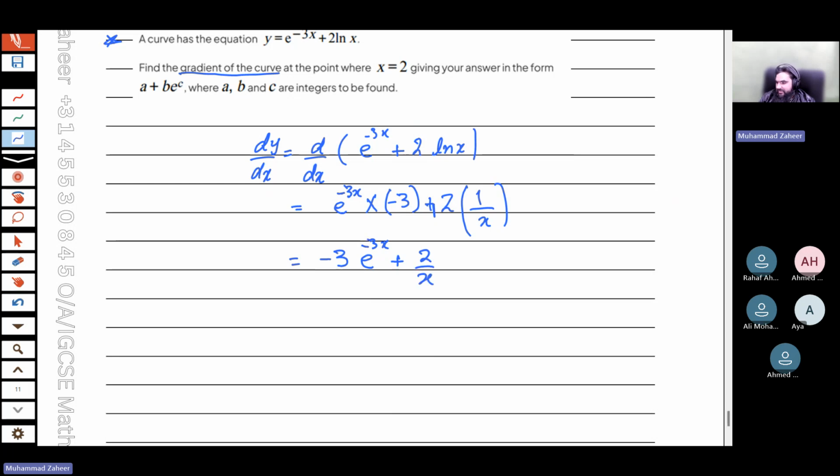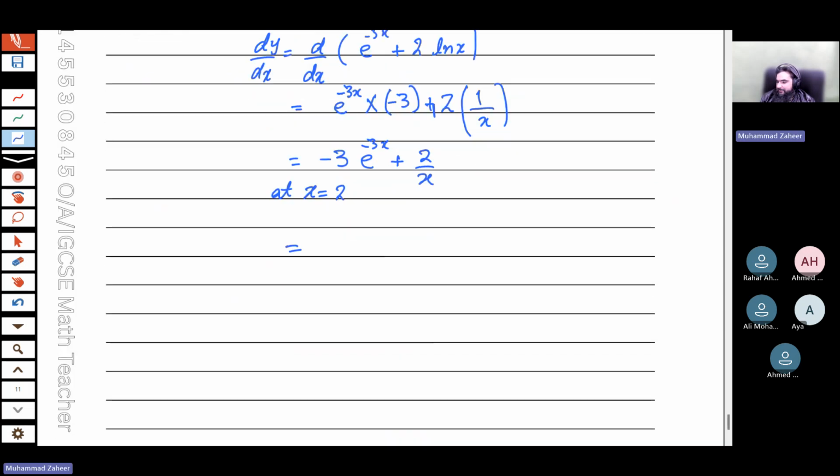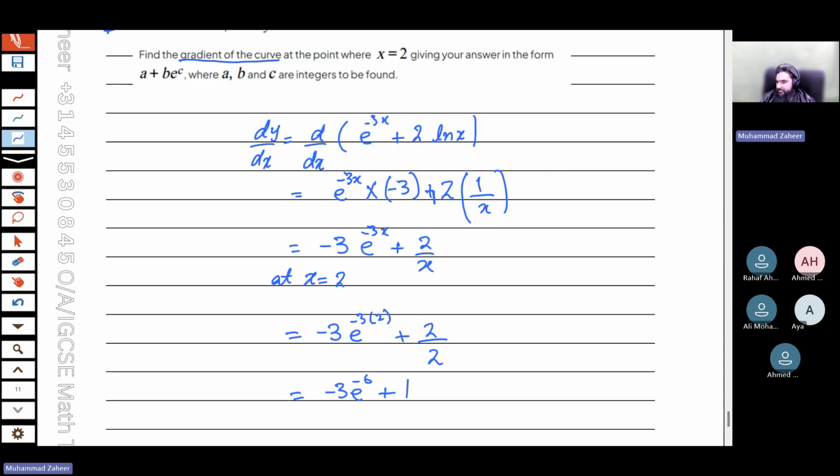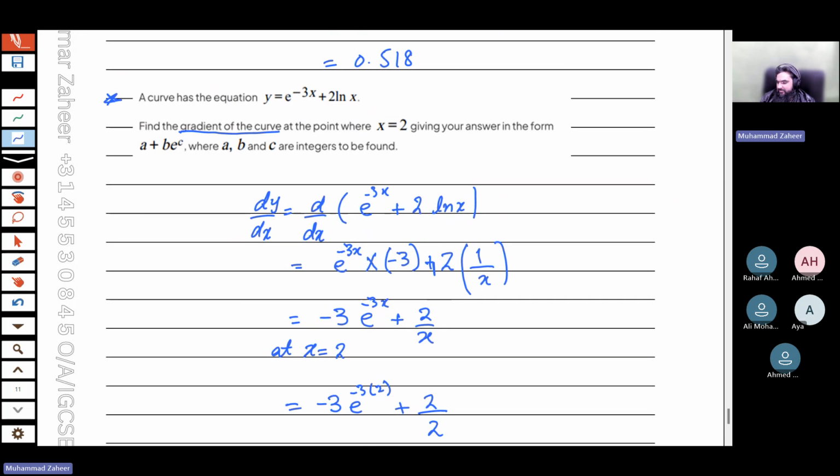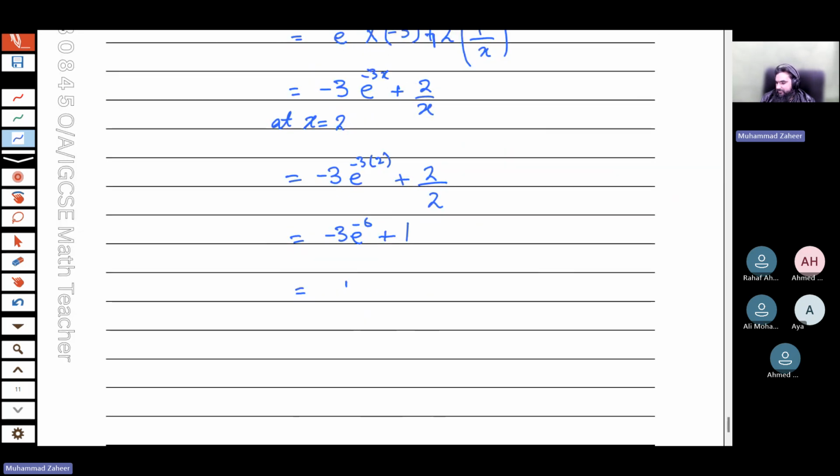We have to find the gradient at x equal to 2. We will get minus 3 e power minus 3 times 2, plus 2 over 2. So minus 3 e power minus 6, and 2 over 2 becomes 1. The required form is a constant plus an e term, so it becomes 1 minus 3 e power minus 6.